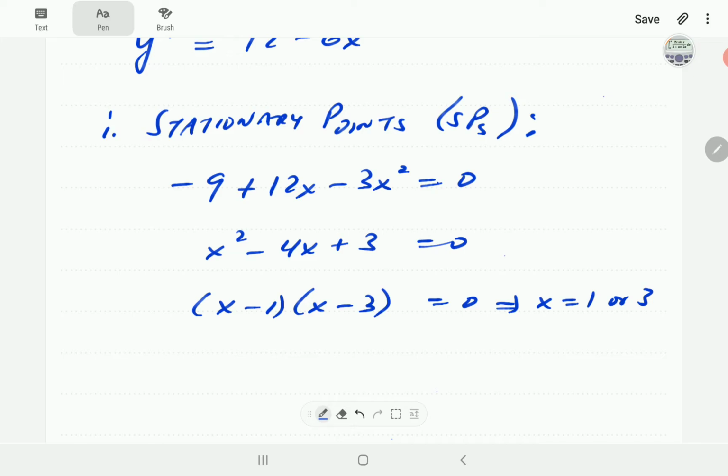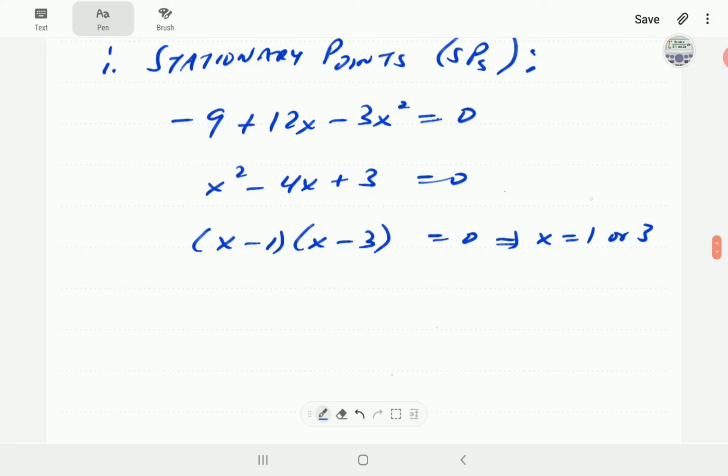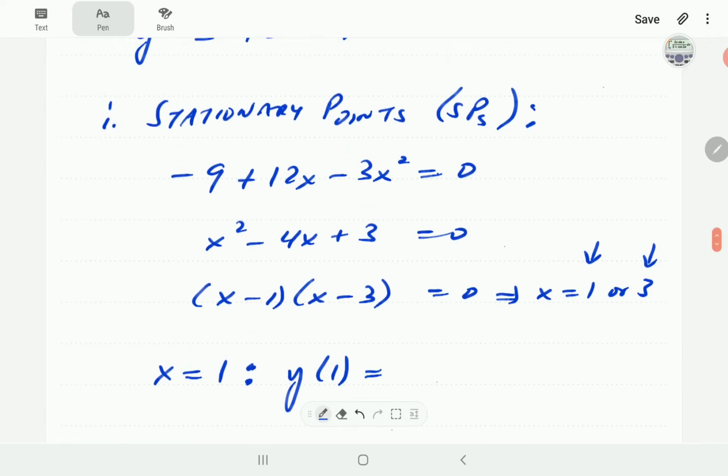So from this we see that there are going to be two stationary points. It's going to be one when x is equal to 1. It's going to be another one when x is equal to 3. So we analyze these ones one by one. So let's start with x equals 1. The first thing we're going to have to find is the y-coordinate of the graph when x equals 1.